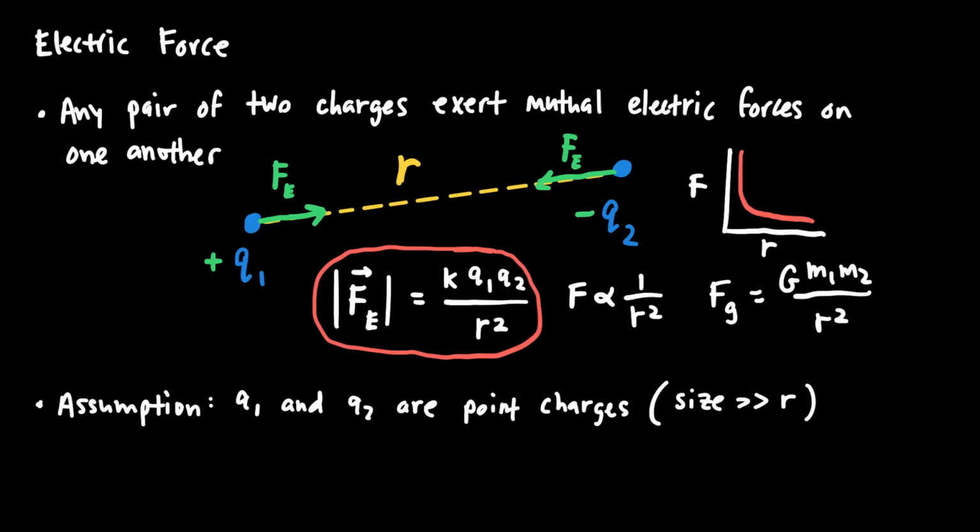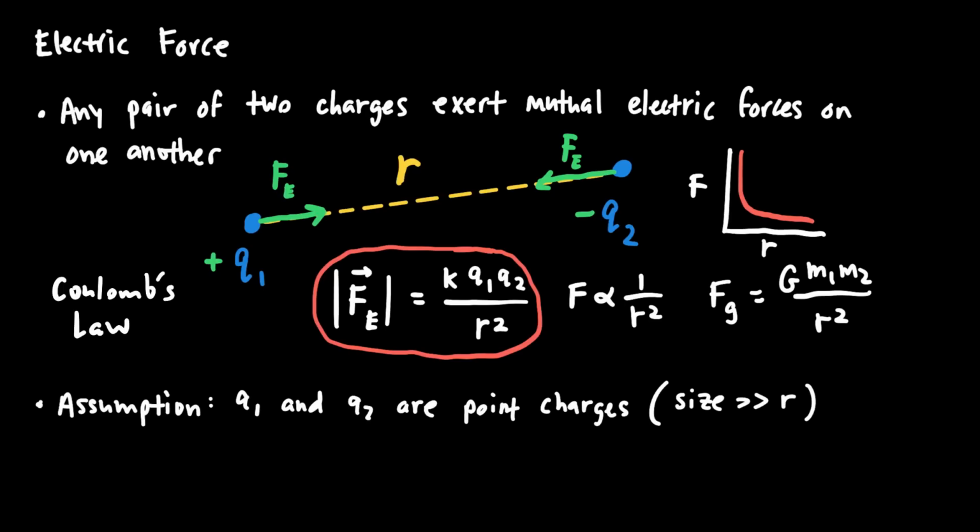In the same way that in order for there to be a gravitational attraction between two objects, they both have to have mass. In order for there to be an electric force present, there must be two things that have a charge. And the equation that we use to represent electric force is called Coulomb's law, C-O-U-L-O-M-B-S law, Coulomb's law.